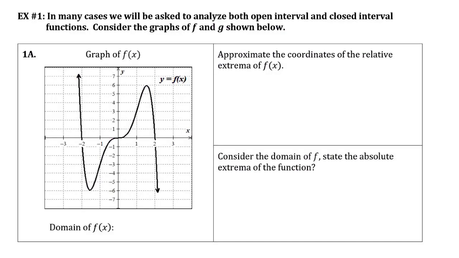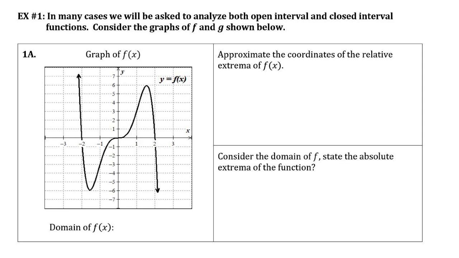Okay, so notice in example 1, we're going to be asked a lot of times on the AP exam to analyze the graphs, and we need to be able to pick out coordinates of relative extrema on the graph. So notice for f of x, we're asked to find or approximate, and on the AP exam there would not be much approximation there.